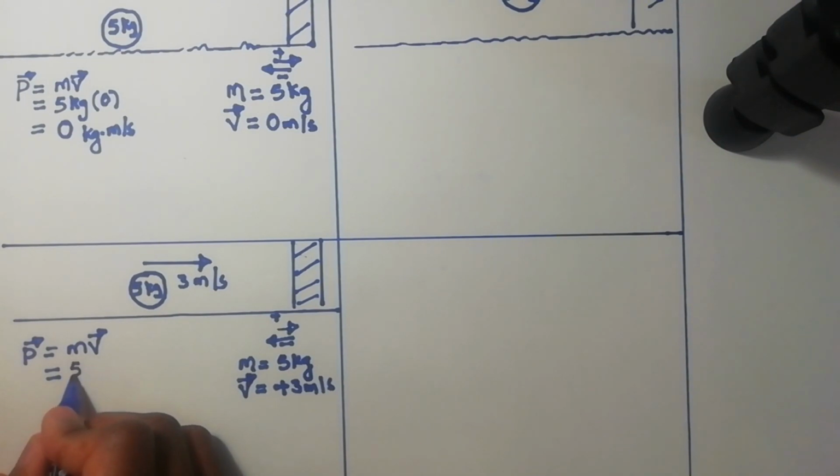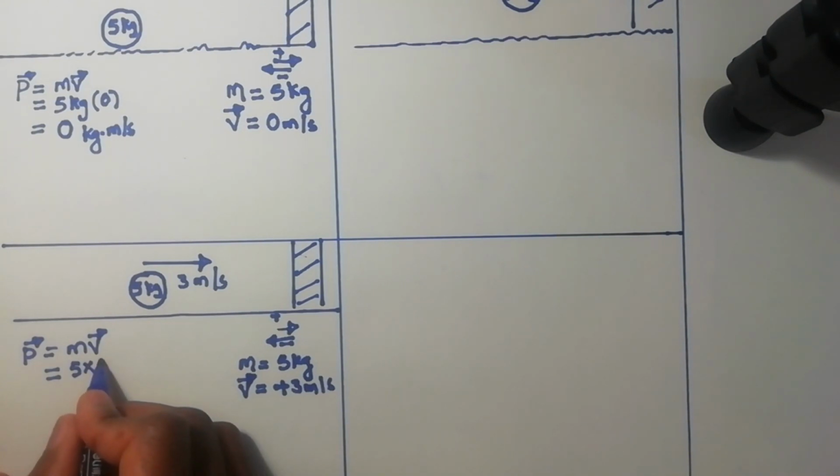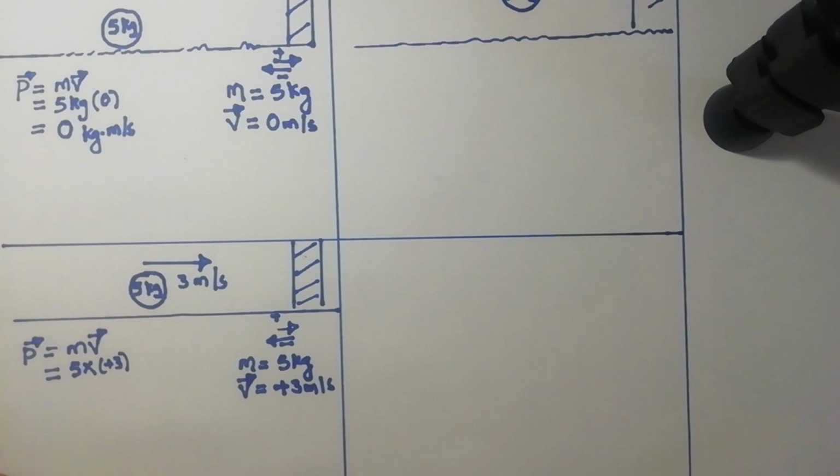Mass is 5 kg multiplied by positive 3 meters per second, our velocity. 5 multiplied by positive 3 gives 15 kilograms meters per second.